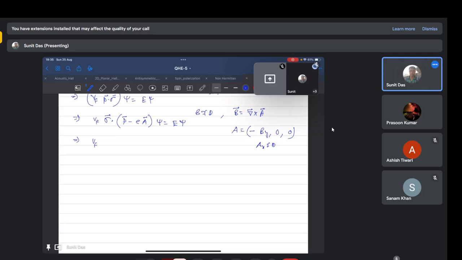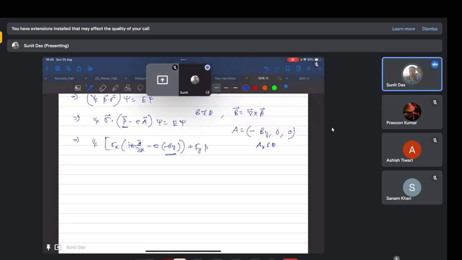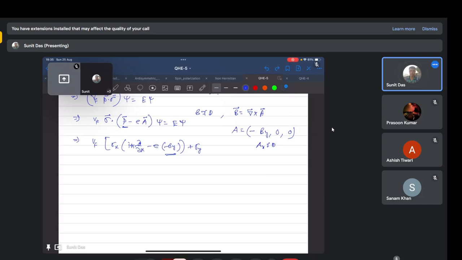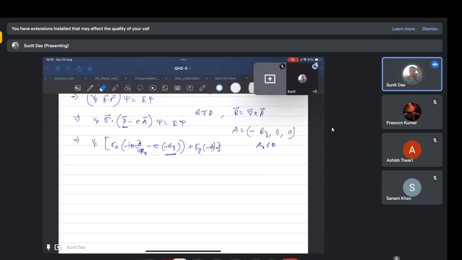So this will be Vf sigma x (minus i h bar del x, that is px, minus e times minus By, this is Ax) plus sigma y times py, that is minus i h bar del y, and then psi equal to energy times psi.